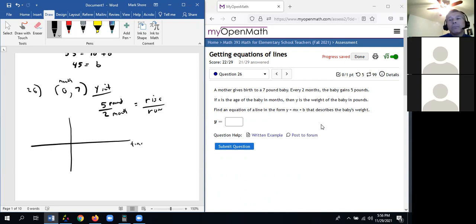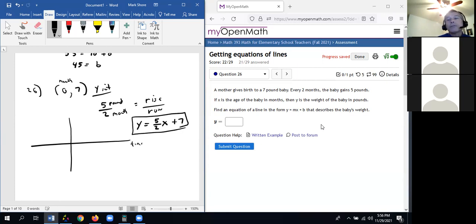That's how I knew to put the 2 months at the bottom right there. So my entire equation is given to me. It's y equals, they don't say to use any special letters here, 5 over 2x, 5 halves x, plus 7. That would be your equation right there.